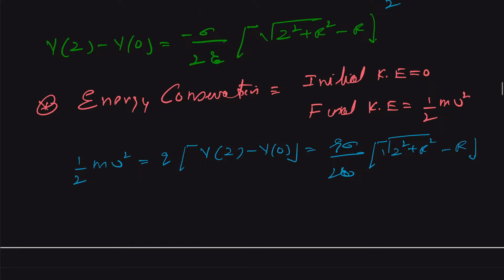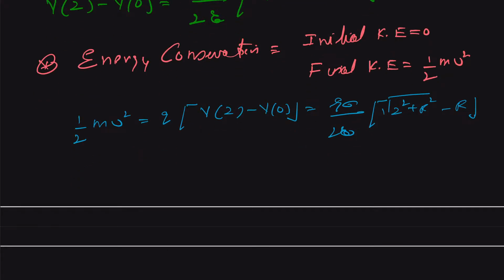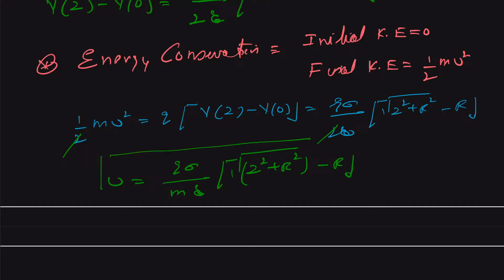And for velocity, here the 2 cancels out with 2, and we get v equal to the square root of q sigma upon m epsilon naught, times the square root of z square plus r square minus r. So this is the velocity at the center of that disk.